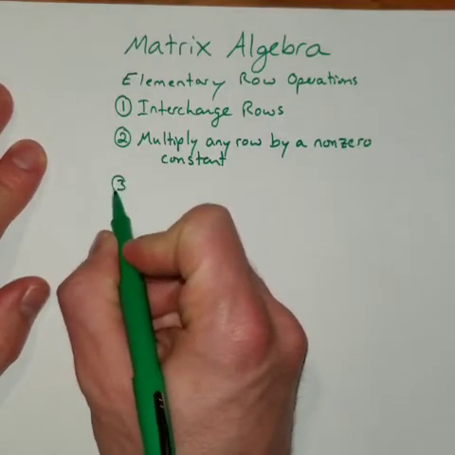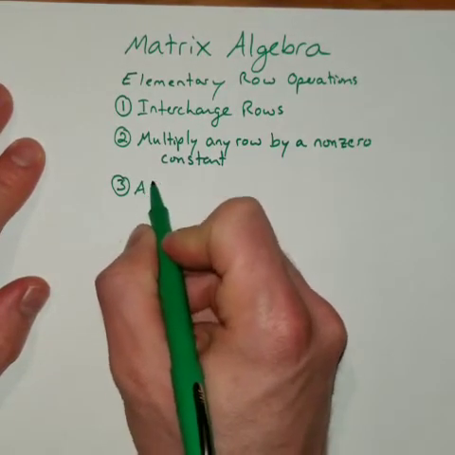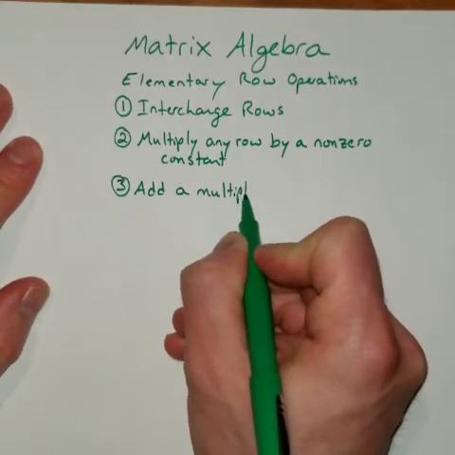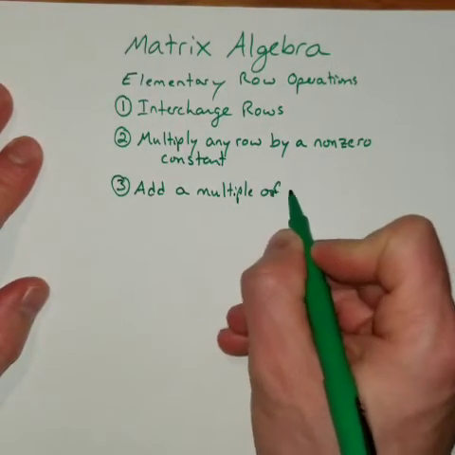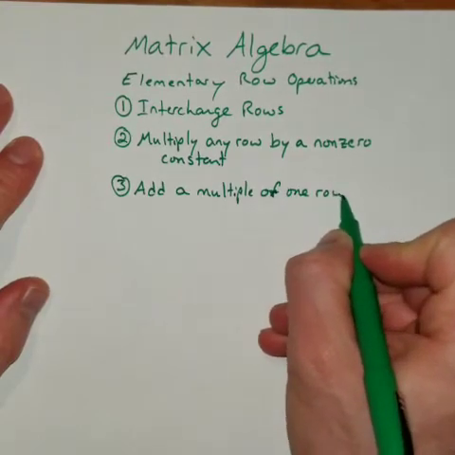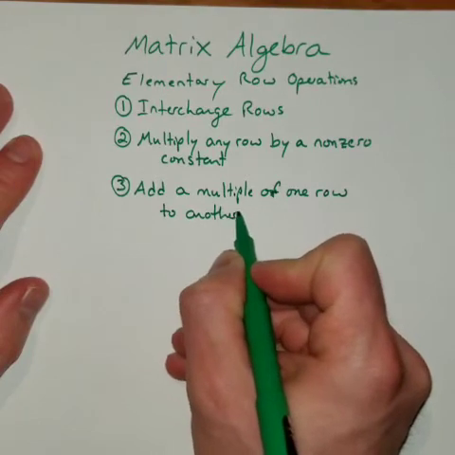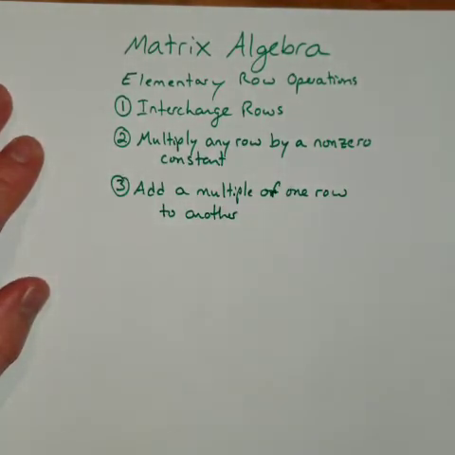And then number 3 is to add a multiple of one row to another. Okay, so these are your three elementary row operations. We've seen those before, we've worked with them. I'm not going to give any examples of them, but just as a quick reminder, because we're going to see a couple of these later on today.